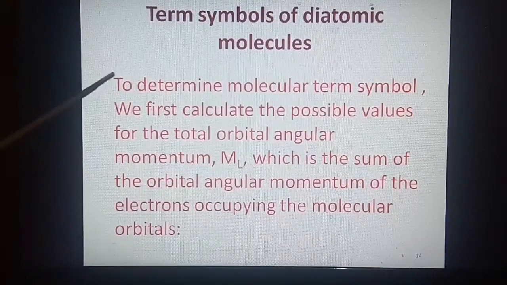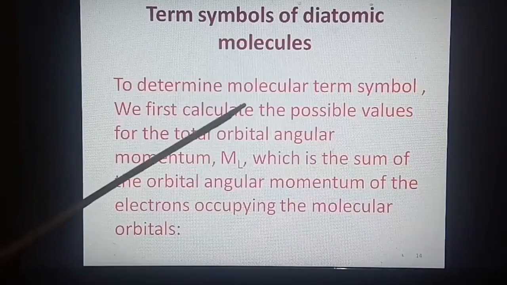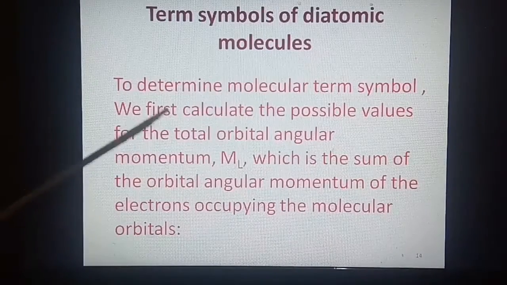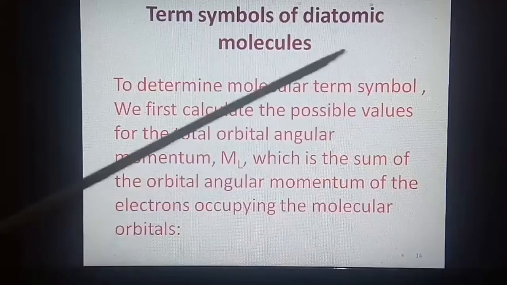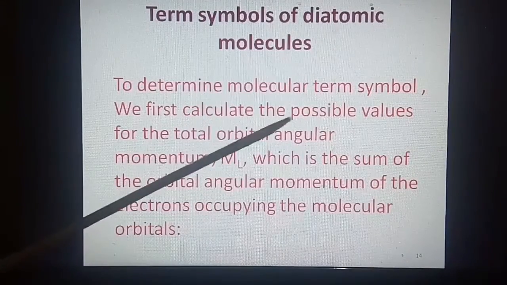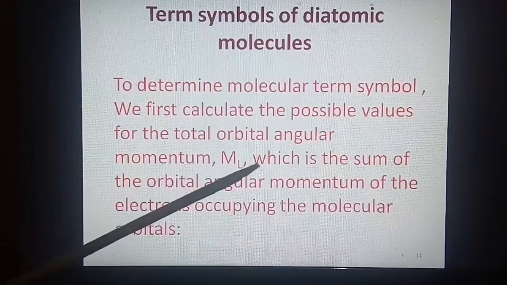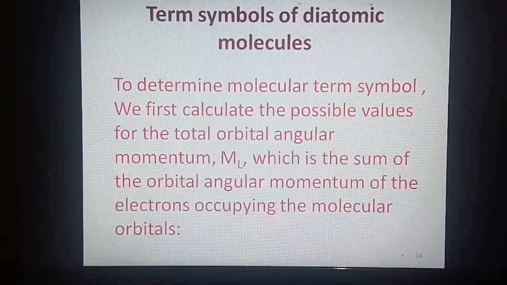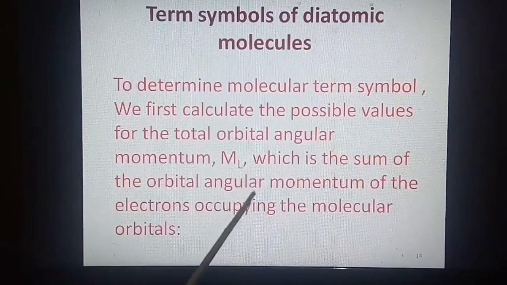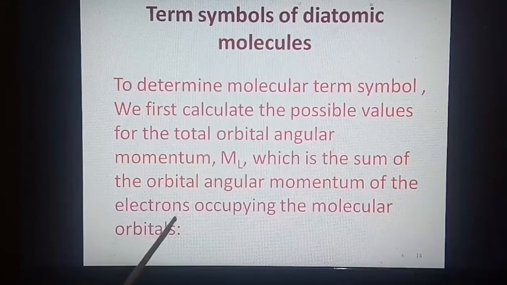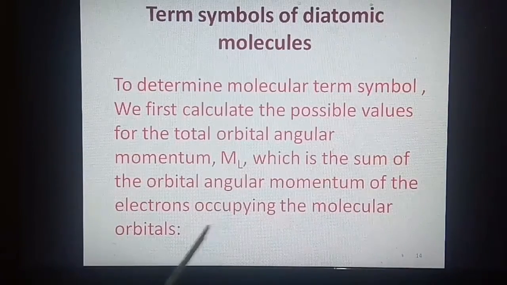The first step is to determine the molecular term symbol. We first calculate the possible values for the total orbital angular momentum, that is capital M_L, which is the sum of the orbital angular momentum of the electrons occupying the molecular orbitals.